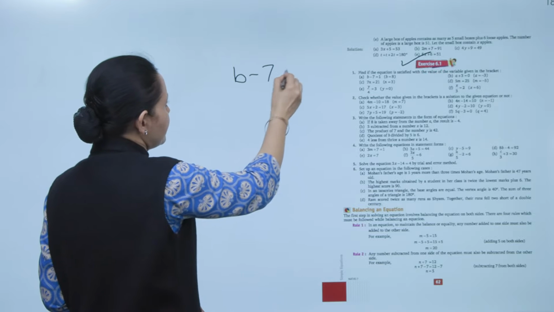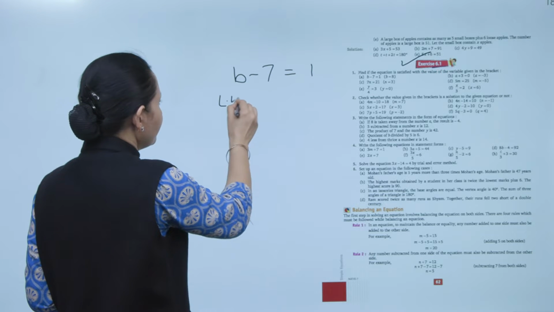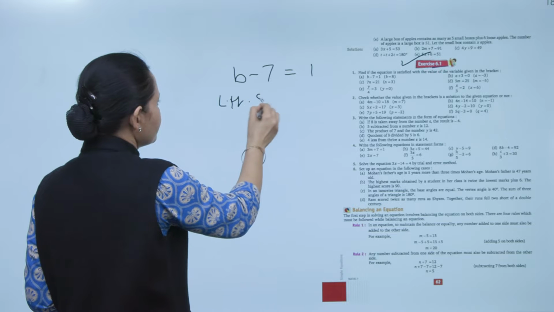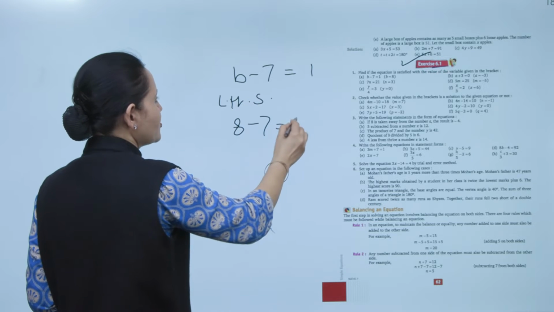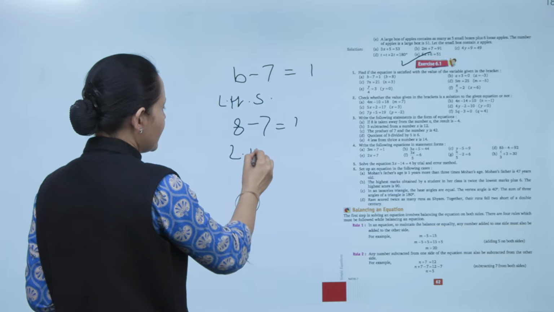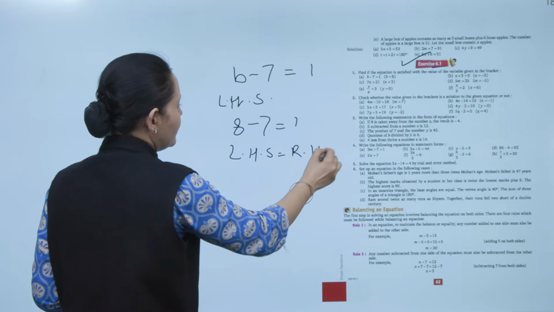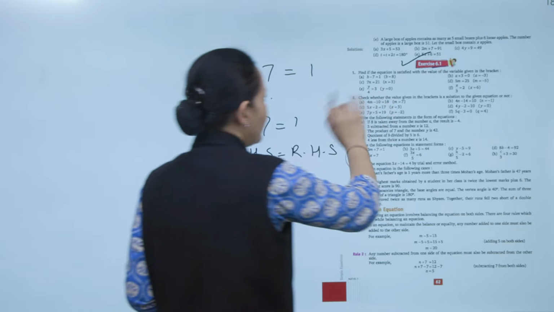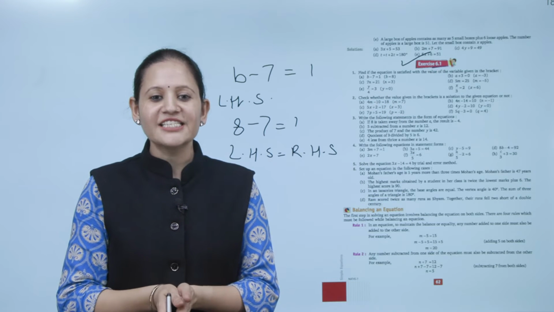In the left hand side, we put the value. So, 8 minus 7 equals 1. So, LHS equals RHS. So, that value will satisfy the equation. Clear? So, practice all the questions of this exercise.